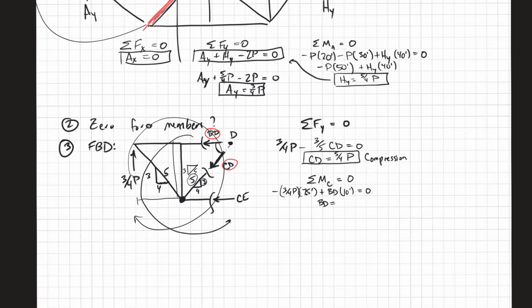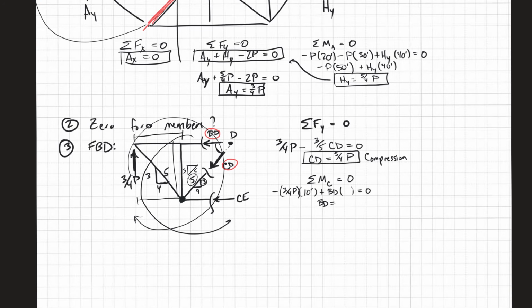Okay, so if we rearrange that and solve, we get BD equals P. Is that right? All right, yeah, it didn't seem right, and that's because it's not right. Okay, so I got my moment arms mixed up here. So this one right here, 3/4 P, is 10 feet away.